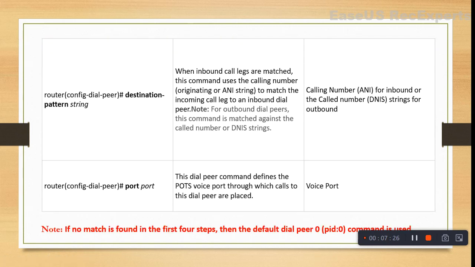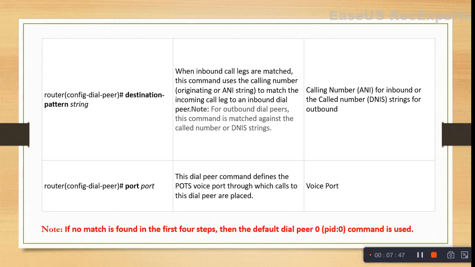Now, when none of the dial pairs configured in your router matches these priorities or commands, then the fifth one is a default dial pair, which is also called PID 0.